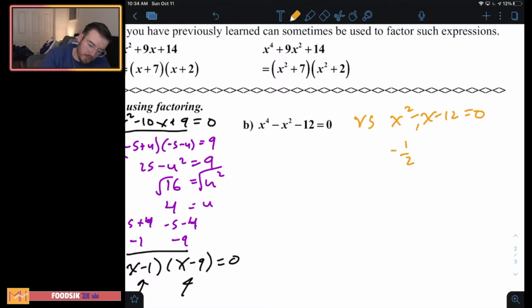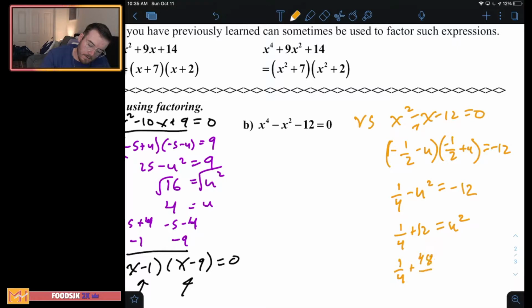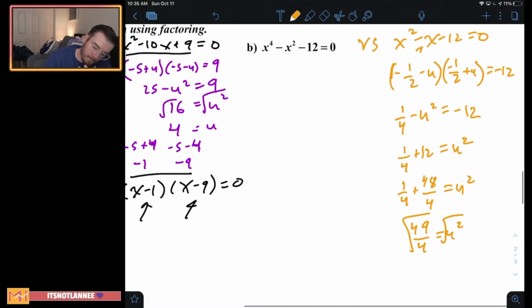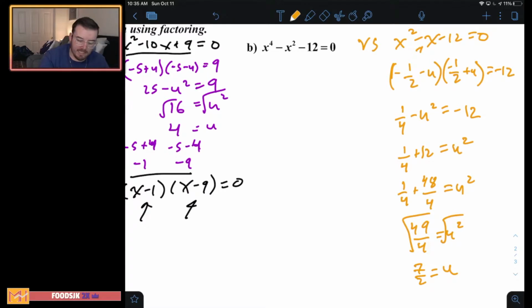B over 2, B is 1, negative 1. Boom. 7/2 equals U. I didn't say anything while I was solving that.